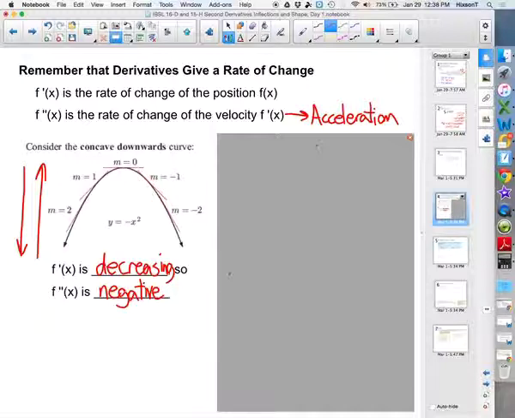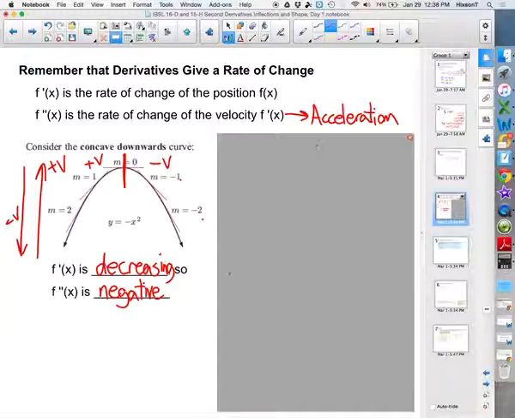Velocity has direction involved. A positive velocity is a velocity that's moving this graph upward. A negative velocity is one that's moving this downward. So our velocity doesn't actually change to a negative until here, where our slopes end up being negative.